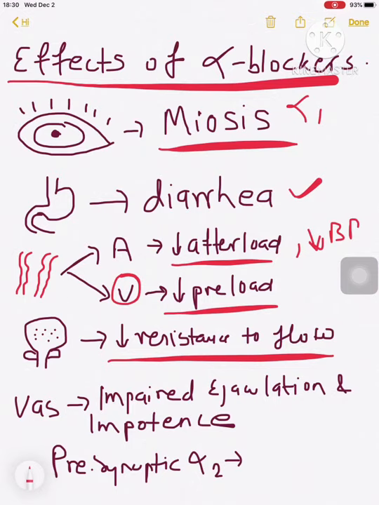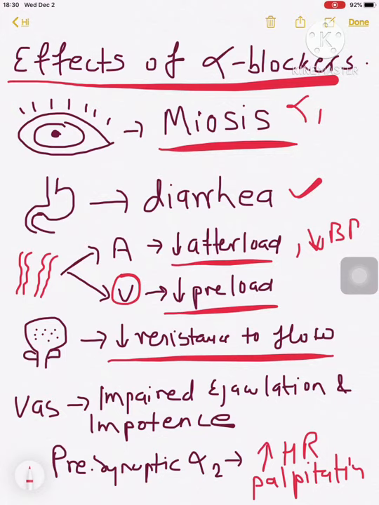But remember, alpha blockers will block this receptor, thus decreasing the negative feedback and increasing the release of norepinephrine, which may cause an increase in heart rate, or tachycardia, and palpitations.